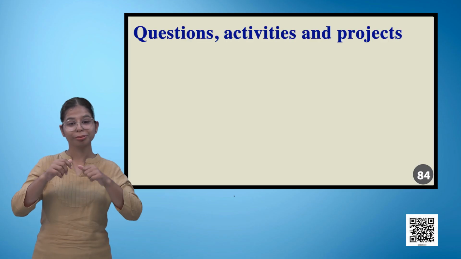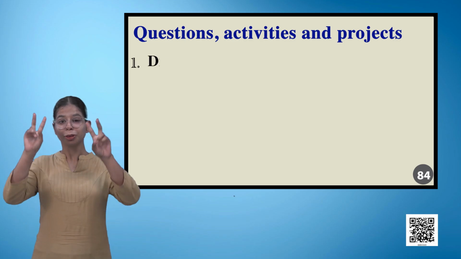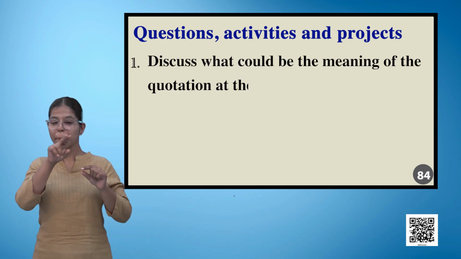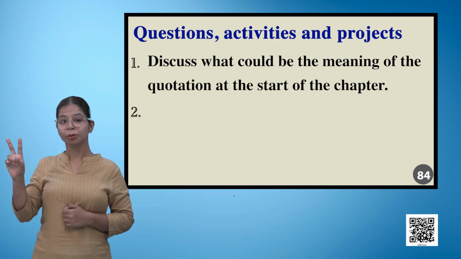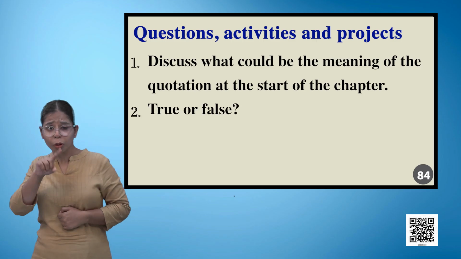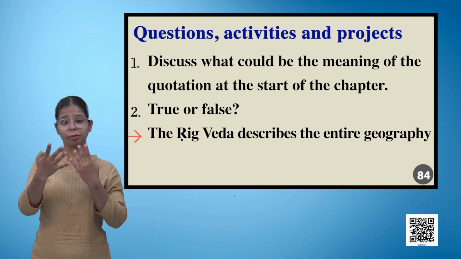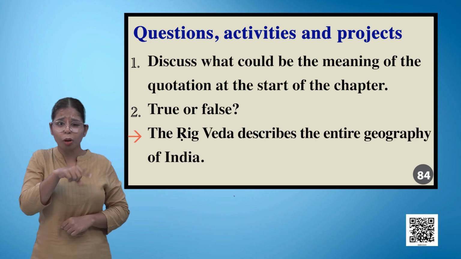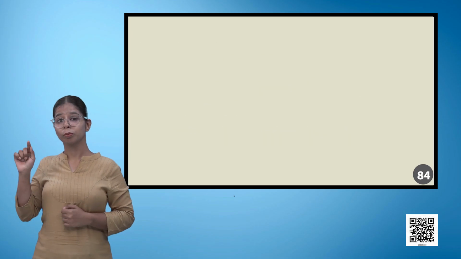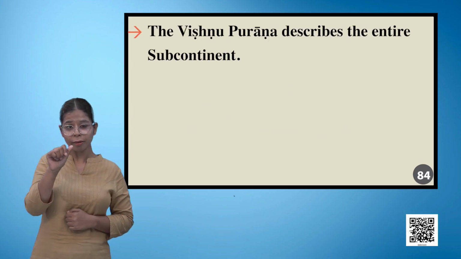Questions, activities, and projects. 1. Discuss what could be the meaning of the quotation at the start of the chapter. 2. True or false? The Rig Veda describes the entire geography of India. The Vishnu Puran describes the entire subcontinent.